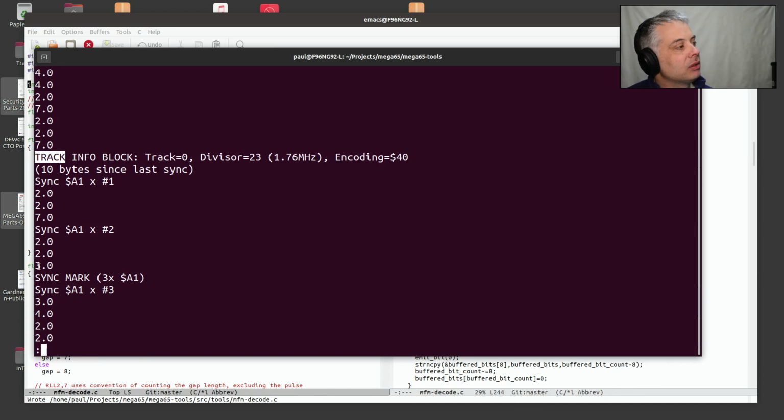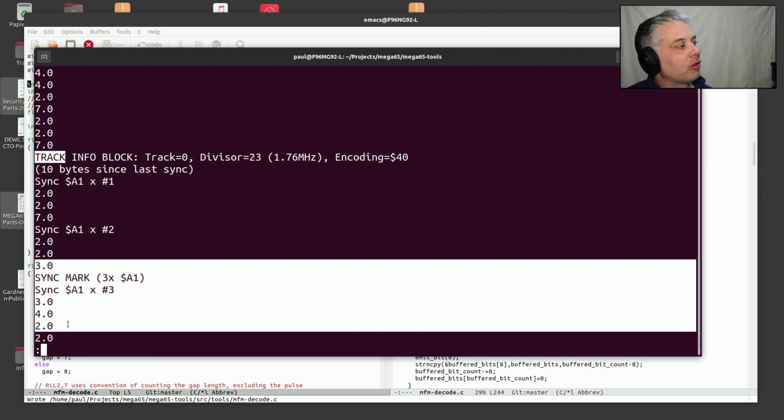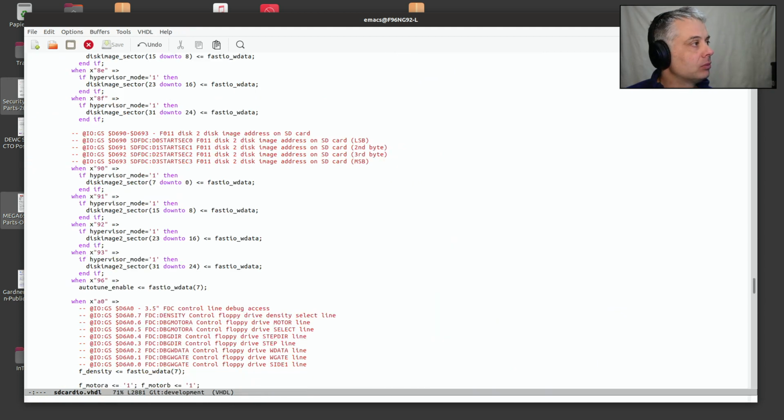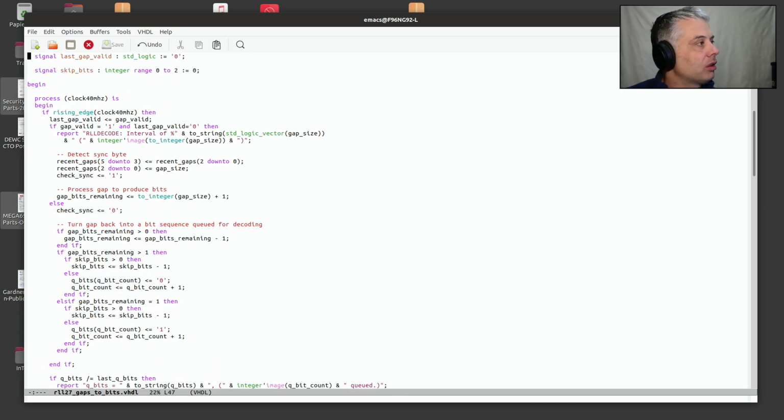And then the next byte is from all of this. So actually, first up, I think I'm going to go back to RLL 27 gaps to bits, because we're quantizing.